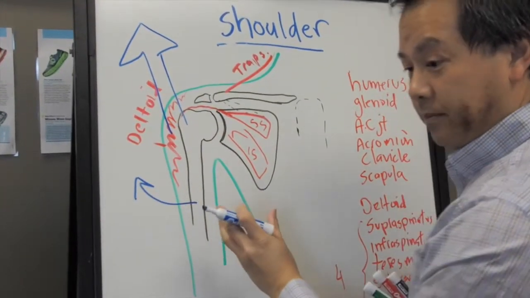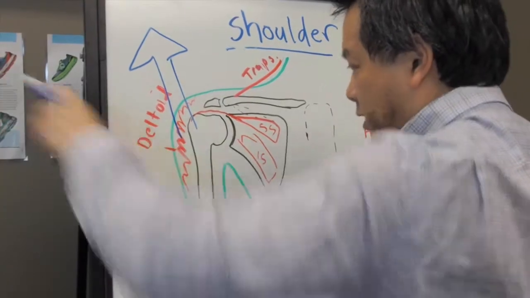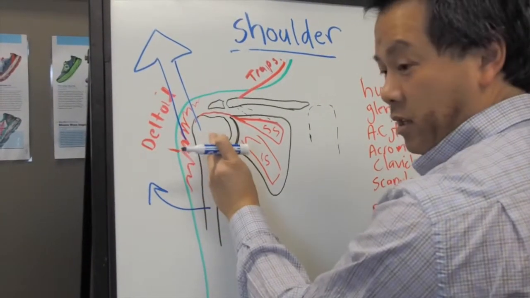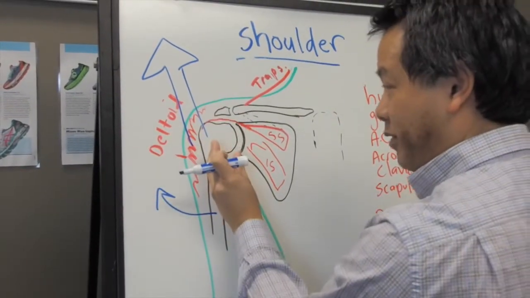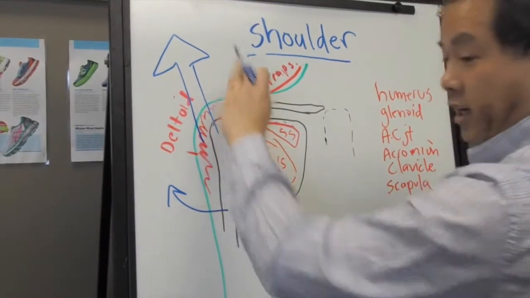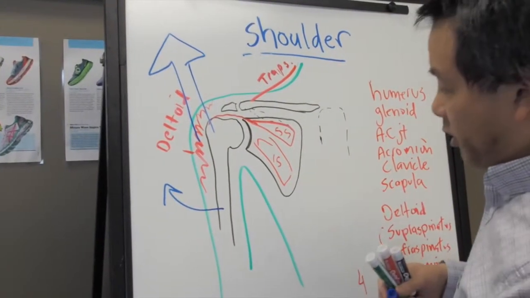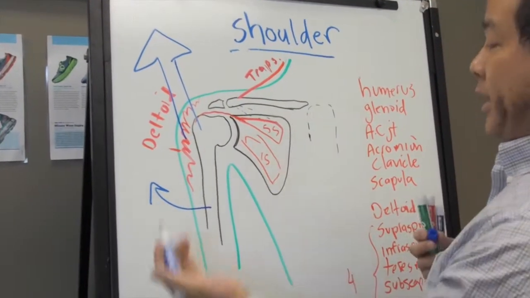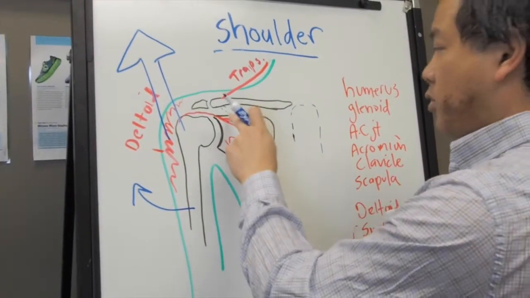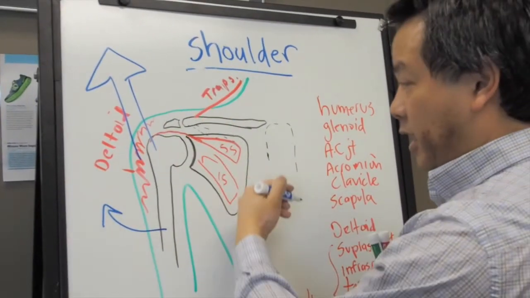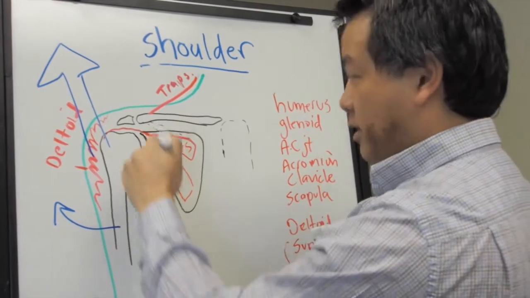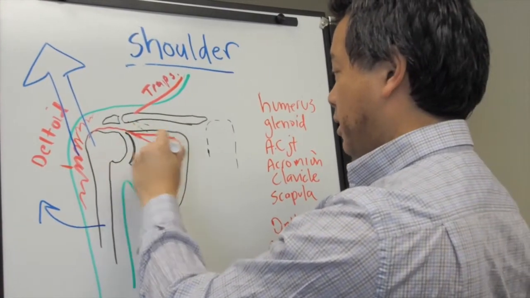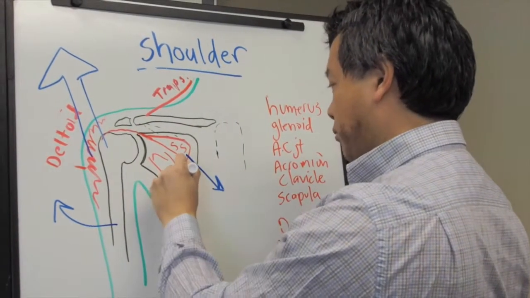Does that make sense? So you take your arm and lift it up to the side. The humerus wants to get pushed up as you're lifting. Your body depends on your rotator cuff muscles to stabilize the humeral head, to bring it inwards and downwards.